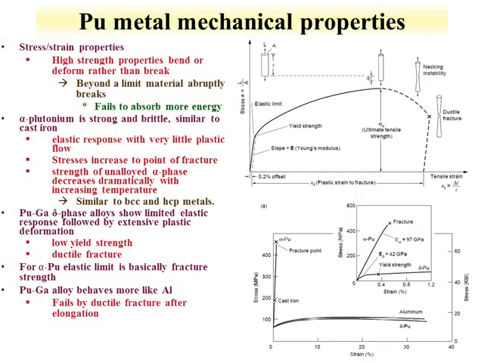As we mentioned at the beginning of this lecture, the physical properties of the plutonium metal are of interest. And once the metal is made, we get some mechanical properties, particularly stress-strain. The alpha phase plutonium is strong and brittle, similar to cast iron, as we see from this plot of cast iron plutonium metal, where the delta phase shows this limited elastic response followed by plastic behavior, basically the same sort of behavior as aluminum.